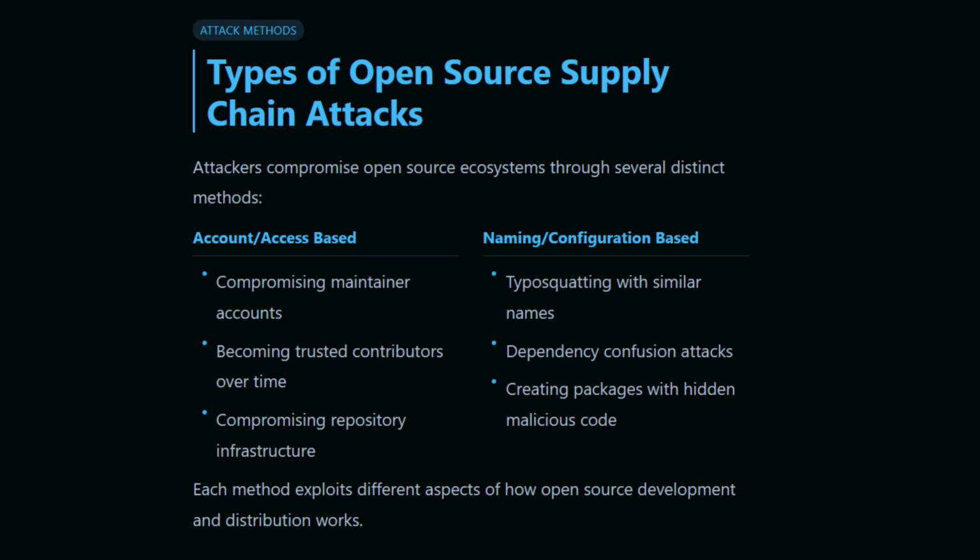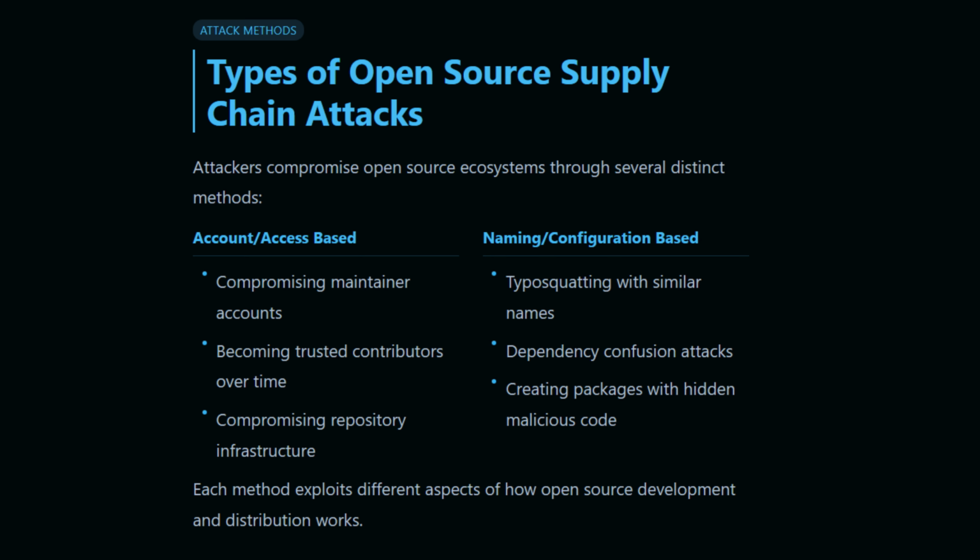So attackers compromise open source ecosystems through several distinct methods: compromising maintainer accounts, to push malicious updates to legitimate packages; typo squatting by creating packages with names similar to popular packages, hoping developers will mistype; dependency confusion by uploading public packages that conflict with private internal packages; submitting malicious contributions to projects, either directly or by becoming trusted contributors over time; compromising package repository infrastructure itself, creating seemingly useful packages that contain hidden malicious functionality.